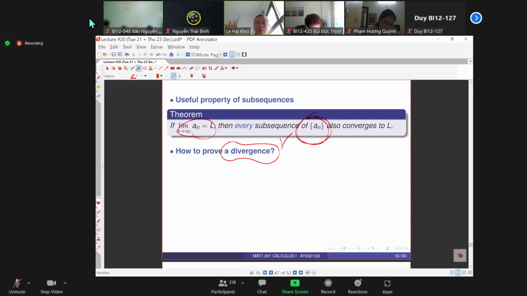Phương pháp thứ hai, chỉ ra hai đứa con. One is a CN là một cái subsequent, DN the other subsequent. Both là có hiếu cả nhưng mà converge to different limit thì bố mẹ cũng không converge.